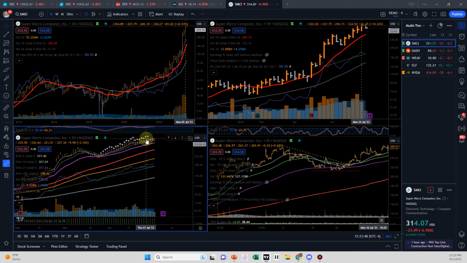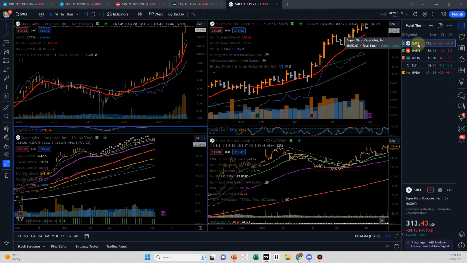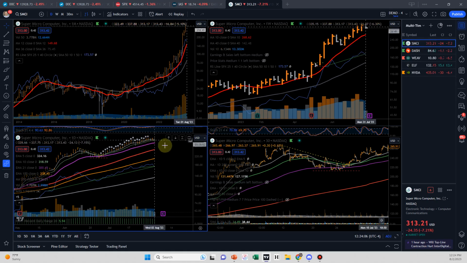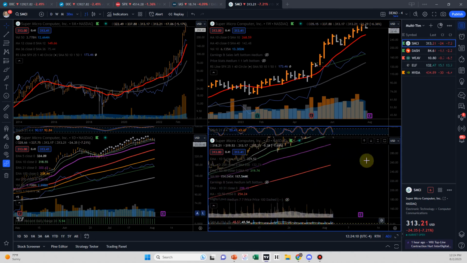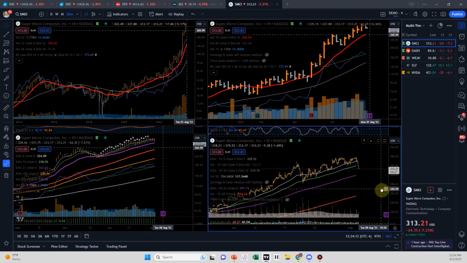I was actually exited up here, tried to get in again around here, and based on what price is doing right now, I'm probably out of this one. Yeah, I'm pretty sure I had my stop loss right below this recent low over here.